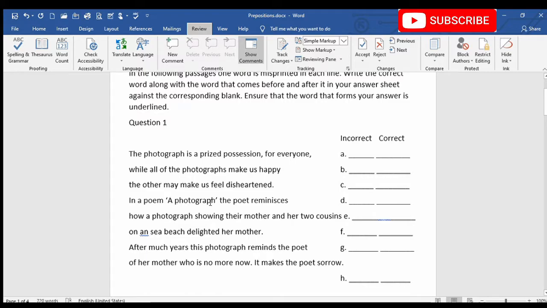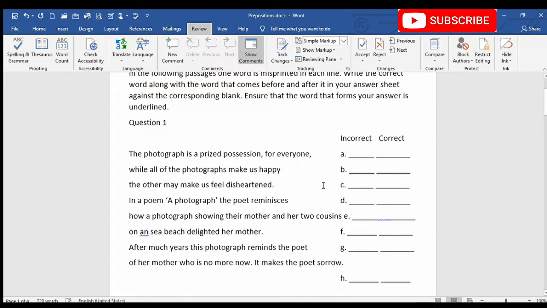In a poem, a photograph, the poet reminisces how a photograph showing their mother and her two cousins on an sea beach delighted her mother. After much years, this photograph reminds the poet of her mother who is no more now. It makes the poet sorrow.